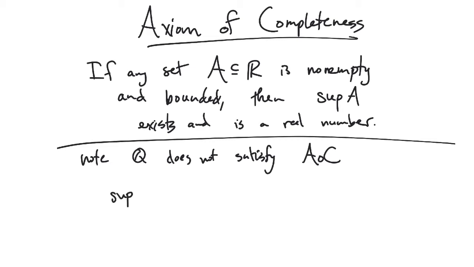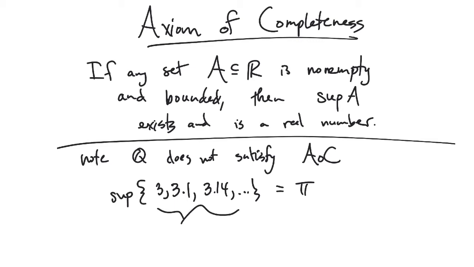If I take the sup of this set, 3, 3.1, 3.14, etc., the sup of that is pi, but these are all rational, so these things are all in Q, but this thing is not in Q. And so for this reason we say the rationals do not satisfy the completeness axiom, because it is possible to have a set of rationals which is bounded and not empty, but the sup of that set is outside of the rationals. So the rationals are said to be incomplete for that reason.